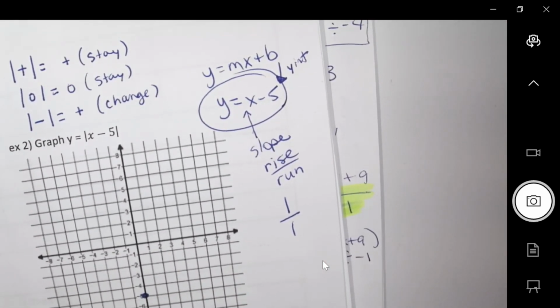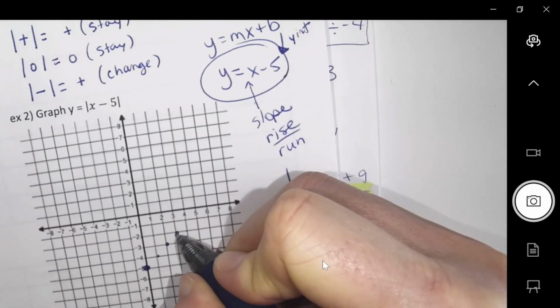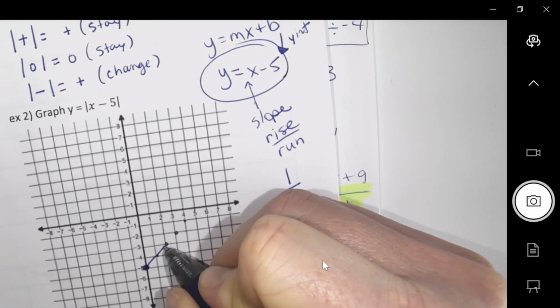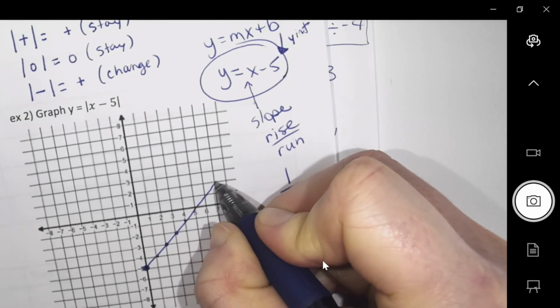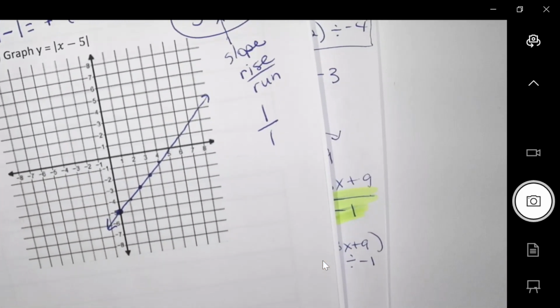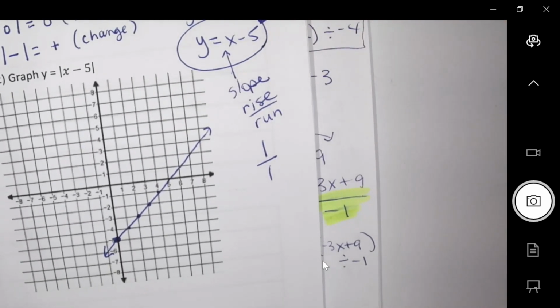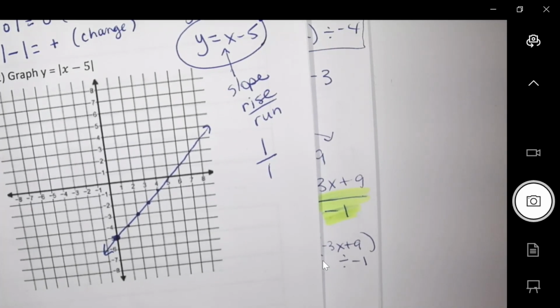So I'm going to go up 1, right 1, up 1, right 1. That's how I graph my line. Does that make sense from grade 10? You remember that? Okay.